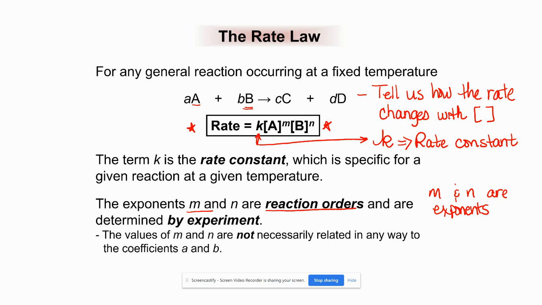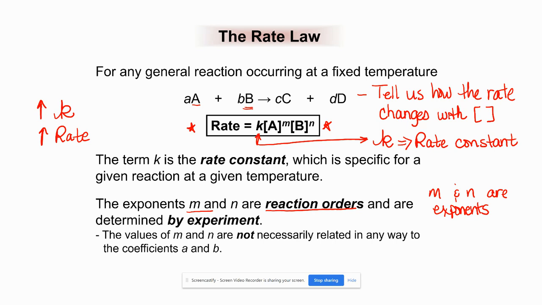Couple things before we move to focus on M and N. If we notice, the rate constant is the proportionality constant here. But one thing is very clear, that the greater the K is, the bigger its value, the faster that reaction is going to go. And then the question is going to be, what determines K?